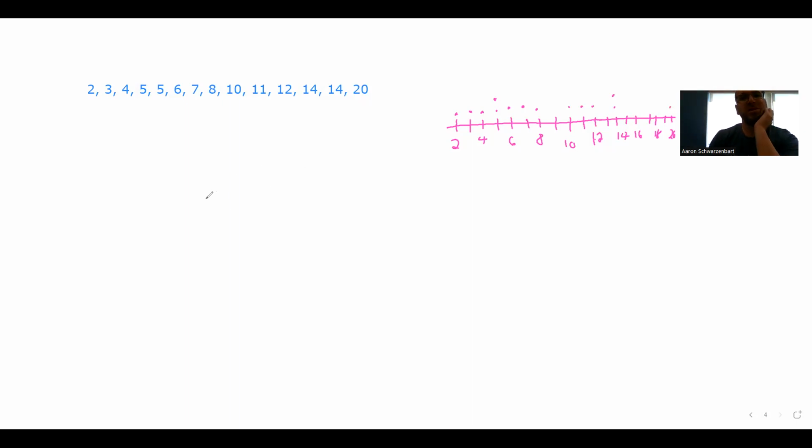So, there's a couple of things we want to find. To find the mean, I simply add each number up. 2 plus 3 plus 4 plus 5 plus 5 plus 6 plus 7 plus etc. And then I have 1, 2, 3, 4, 5, 6, 7, 8, 9, 10, 11, 12, 13, 14 points in my data set, so I divide by 14.